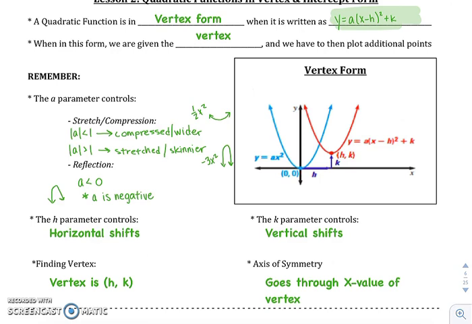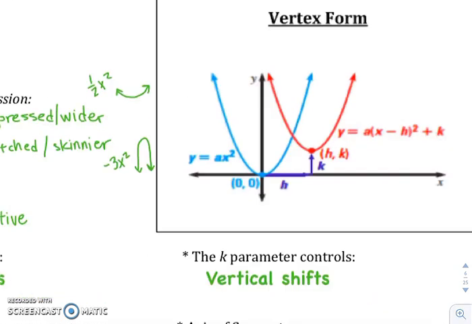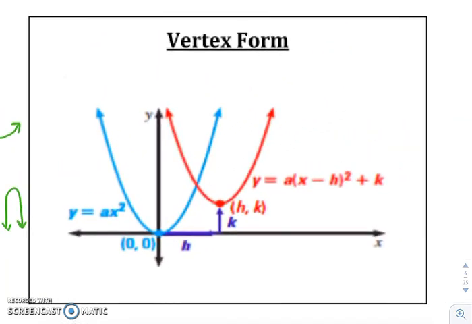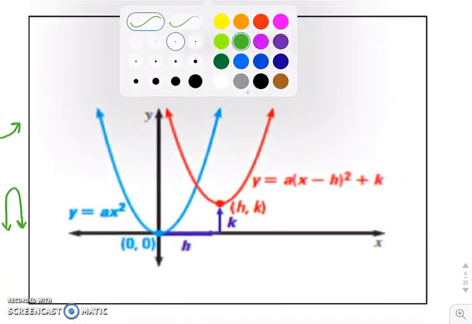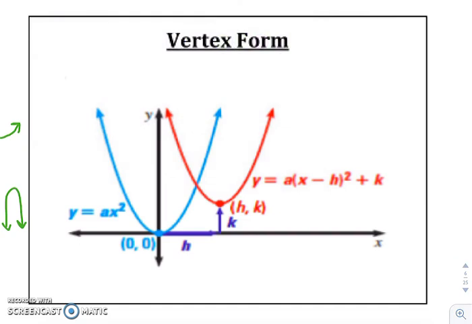So if you're trying to find the vertex (h, k), say in your example there, say this point is (3, 2). So the h would be 3 and the k would be 2.